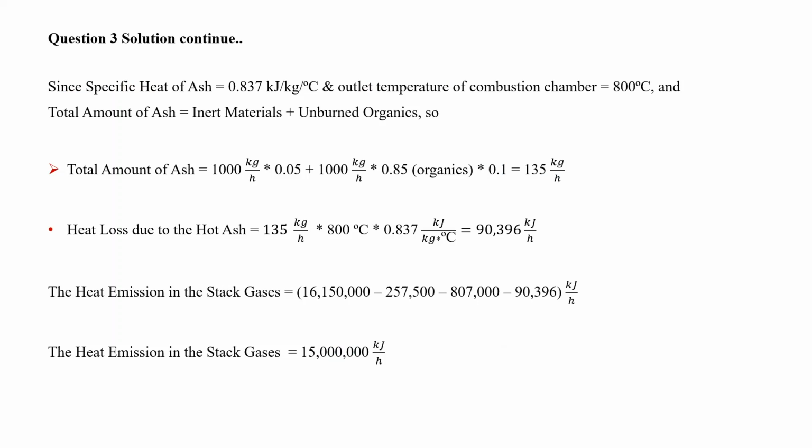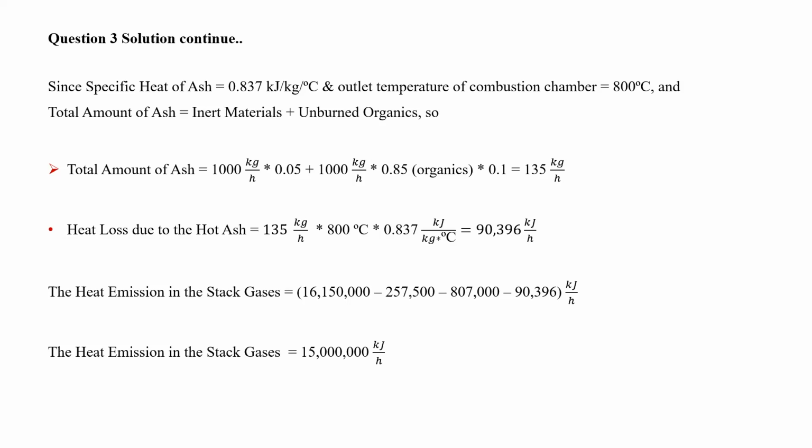And then remember the question, it is specified that 10% of fuel remains uncombusted in the ash. And at this point, we should consider 10% of the combustible portion or organic portion of the fuel. So first, we should multiply fuel flow rate with the 85% to find organic mass flow rate, and then 10%.